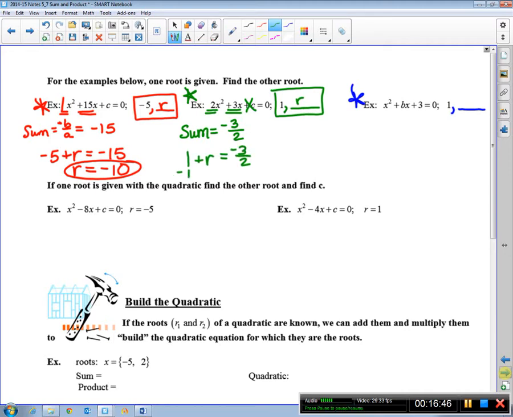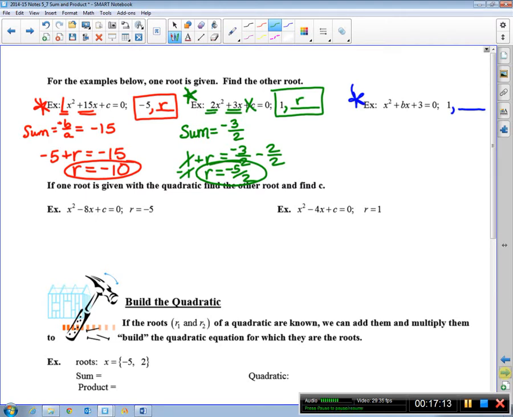I'm going to subtract 1, which is the same as subtracting 2 over 2. And I have my other root would be negative 5 over 2. And don't forget what we're finding. We are finding where these parabolas cross the x-axis. These are the roots. As long as they are real roots, they cross the x-axis.